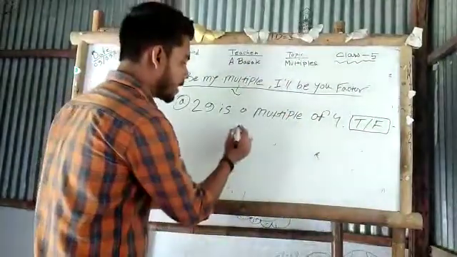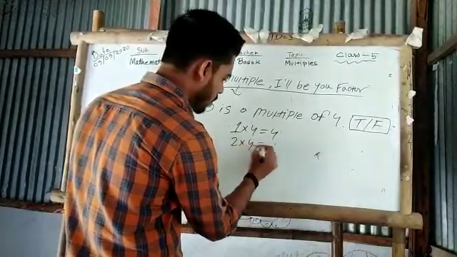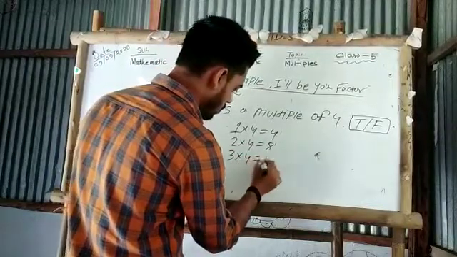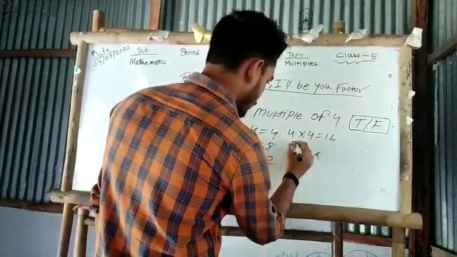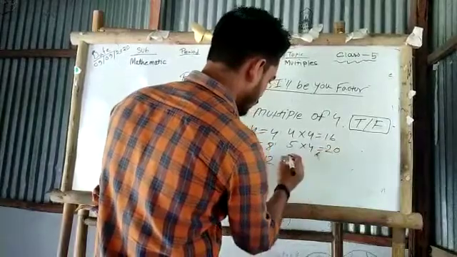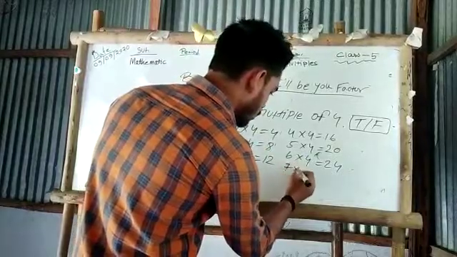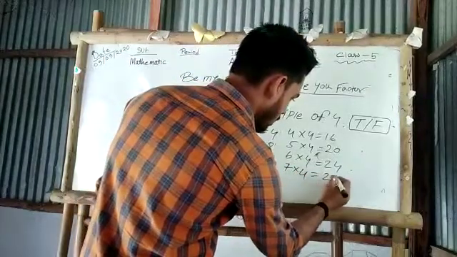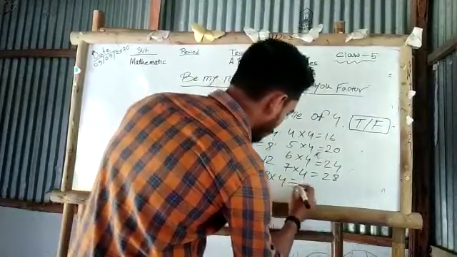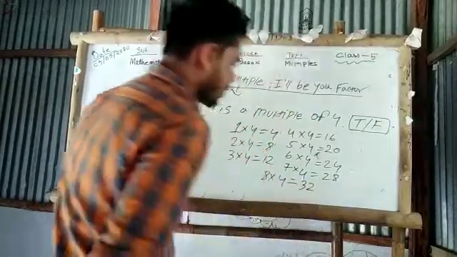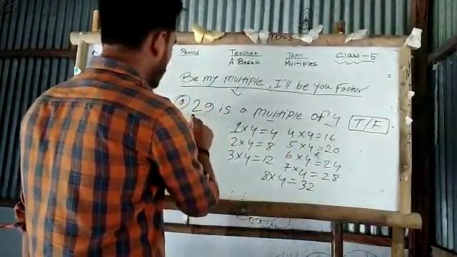We just need to write like this: 1 into 4, 4; 2 into 4, 8; 3 into 4, 12; 4 into 4, 16; 5 into 4, 20; 6 into 4, 24; 7 into 4, 28; and the last one, 8 into 4, that is 32.